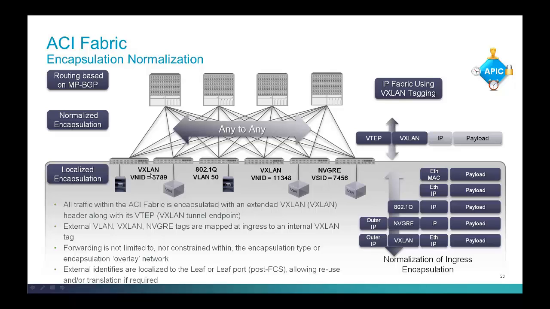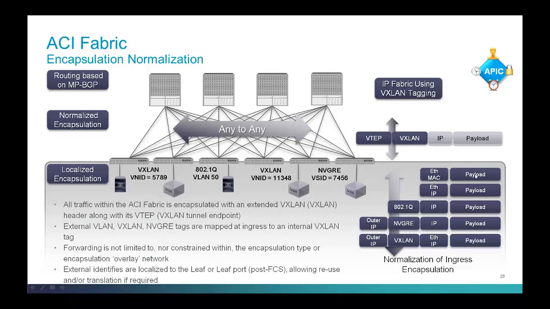Now when you've got a packet entering the spine from the egress of the leaf, this is where a process known as normalization will occur. So regardless of whatever format these all are, they will convert to Cisco's VXLAN tagging that I've just explained, and that process is what's known as normalization. So the packet will be rewritten basically.